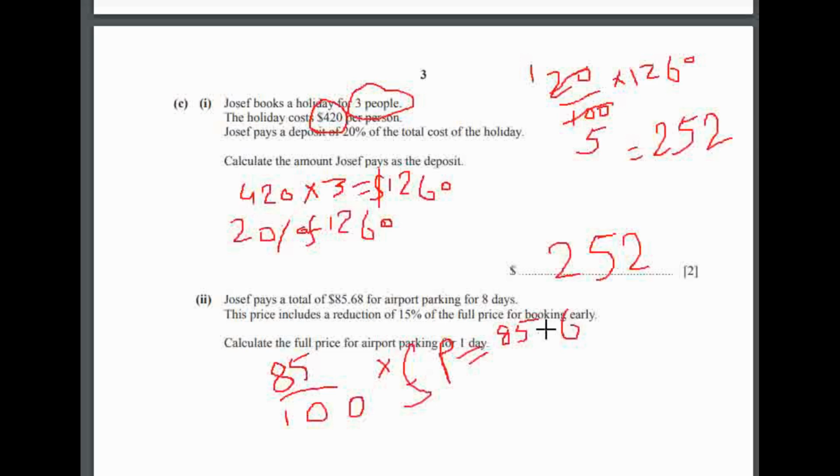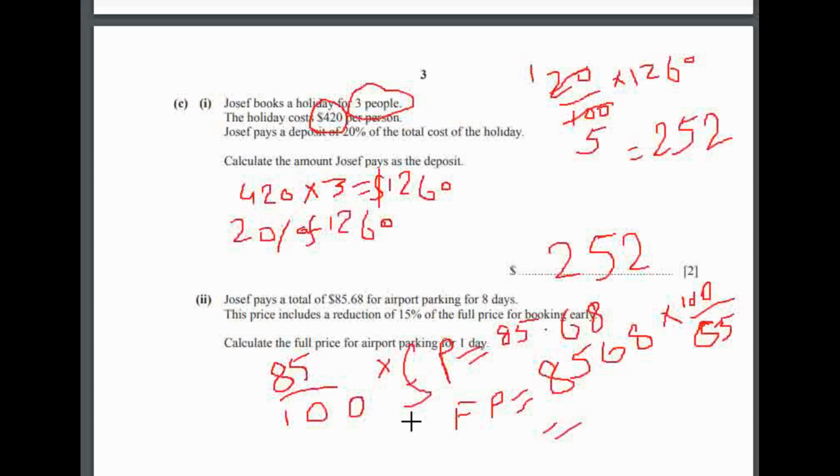So the full price will be equal to, if we shift this to the right hand side, it will become 100 over 85. You write 85.68 into 100 over 85.